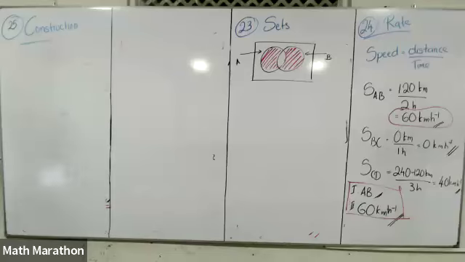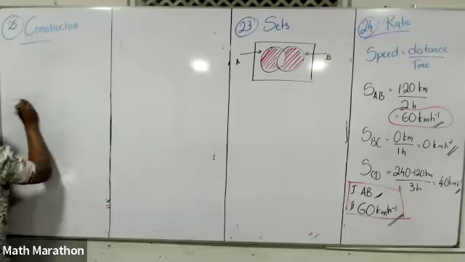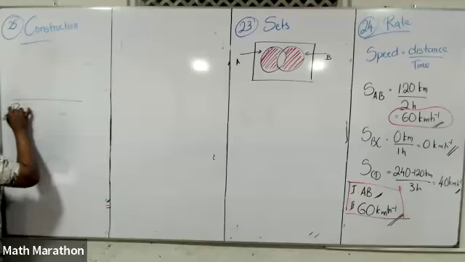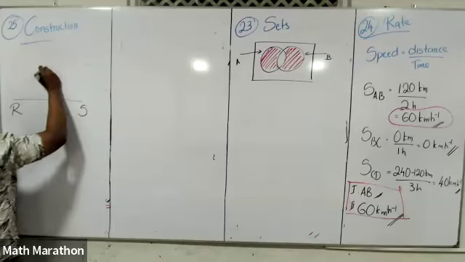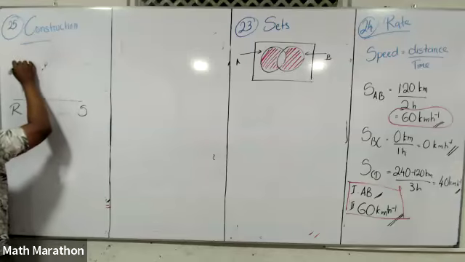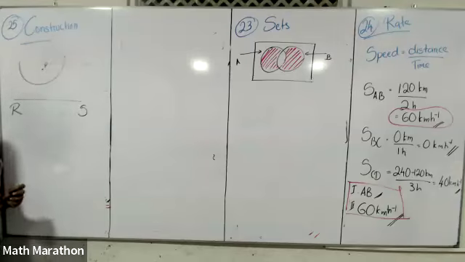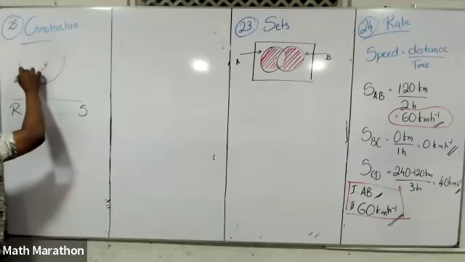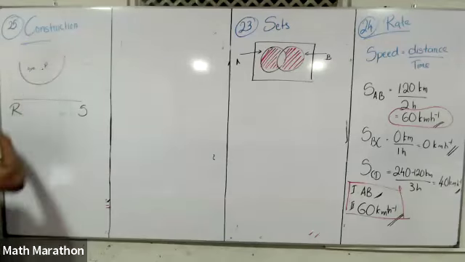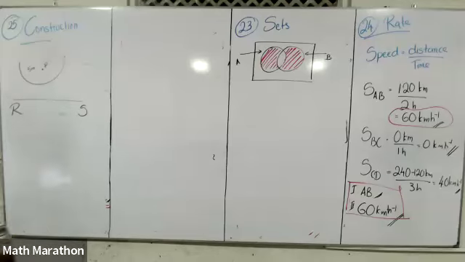What do I have? I have RS, point P, five meters. Okay.